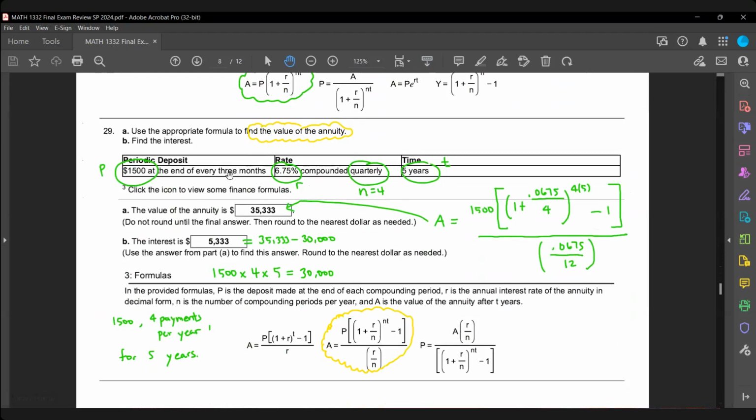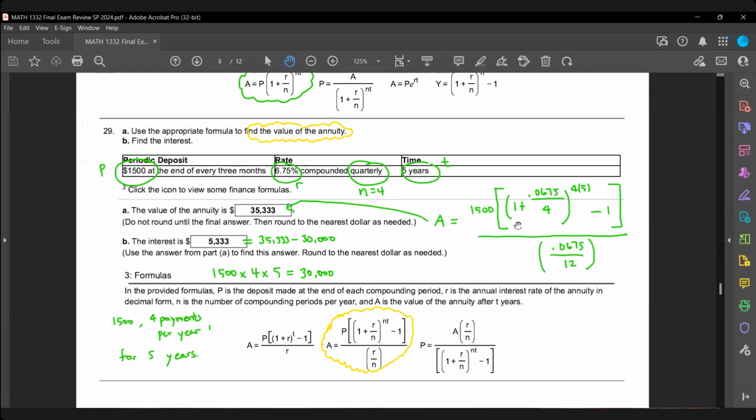This information is similar to this information, or it's the same. The interest is compounded 4 times a year, and here it's saying that you're actually making 4 payments in a year. In any case, plug in the numbers.